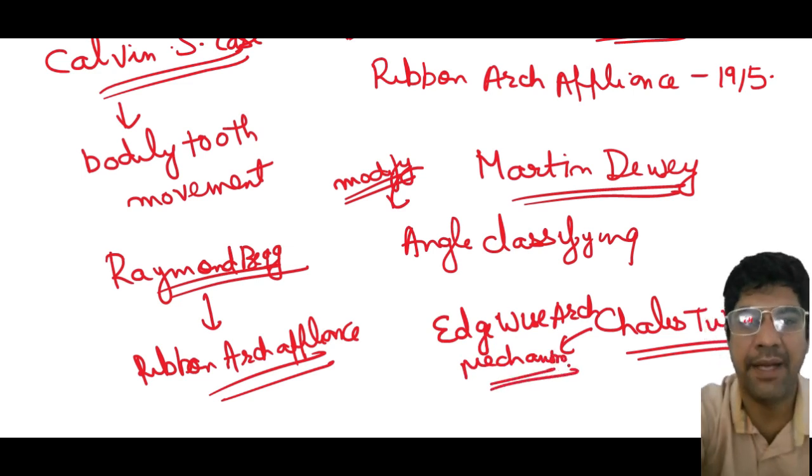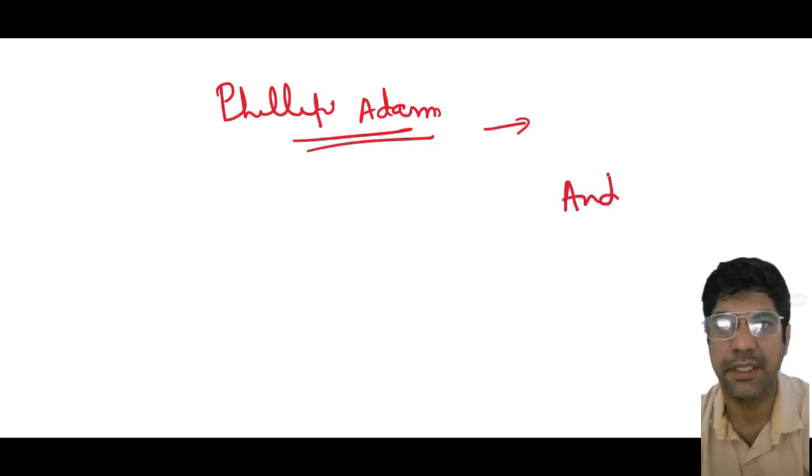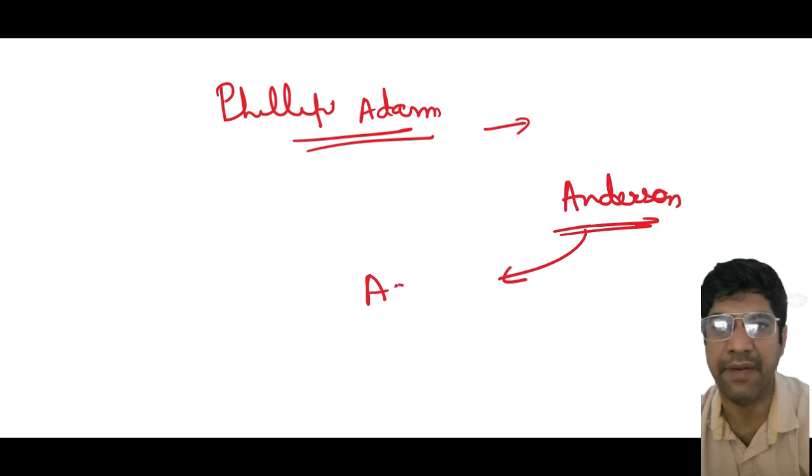Philip Adams modified the arrowhead clasp by Schwarz into the Adams crib. Andresen, remember, introduced the activator.